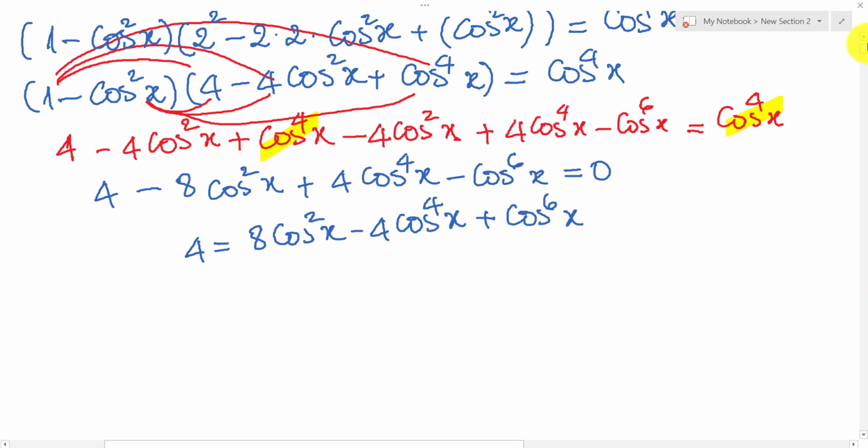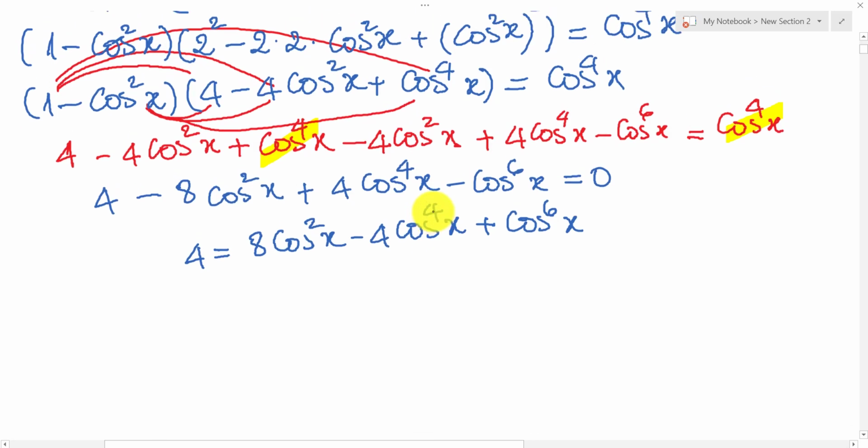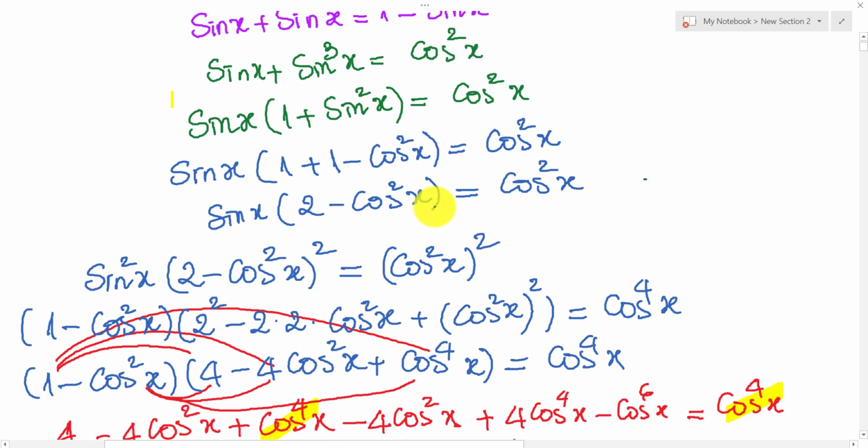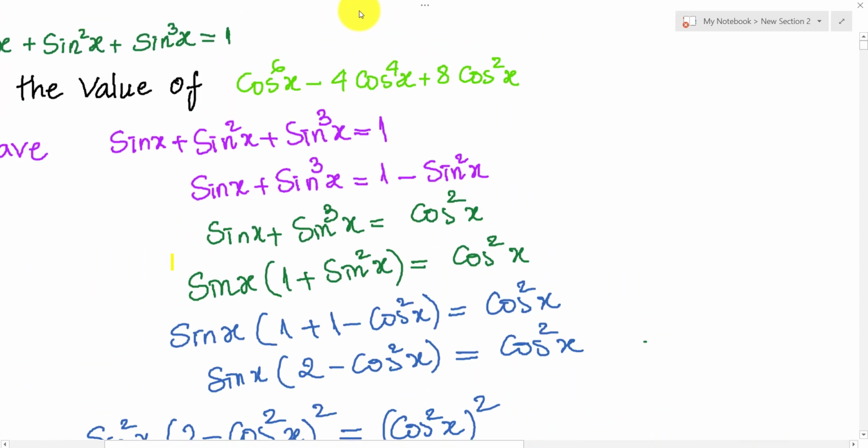So we have this expression that we need to show, okay?